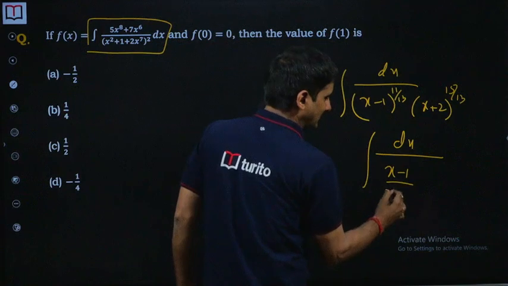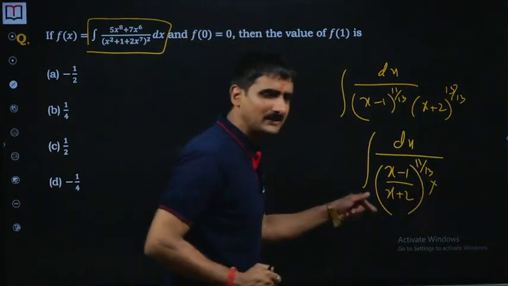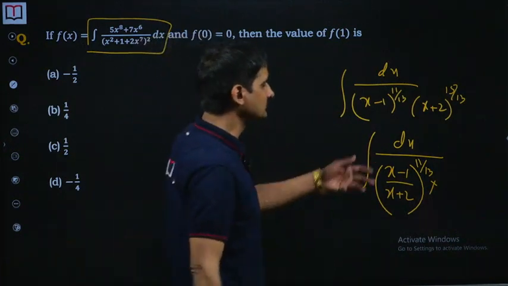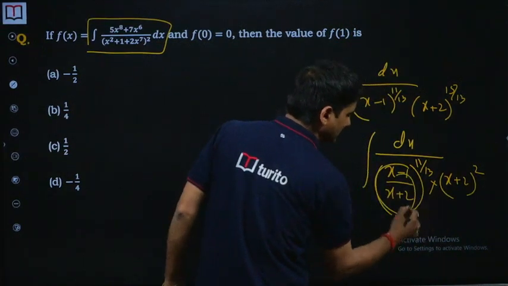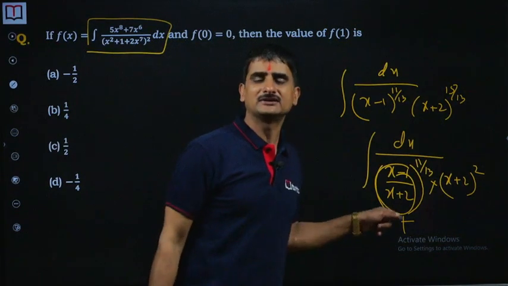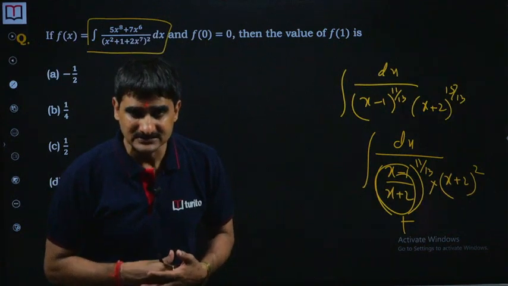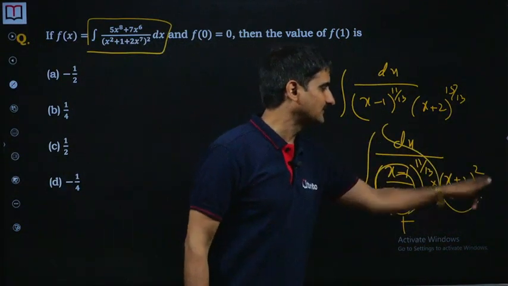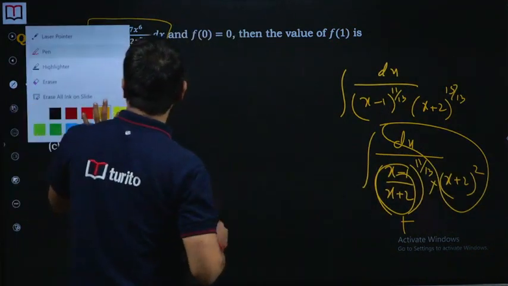So I will write it like this, and then of course you divide it by (x plus 2) raised to 11 by 13, you need to multiply it, and once you multiply it, it gets squared. Now we replace this by t. So that was the form, again a very important form, and we call it the method of substitution, because we substitute a function by a variable t such that its derivative along with dx gives us dt. Okay, so the same is the thing here.